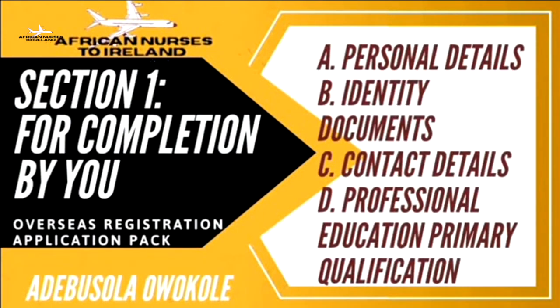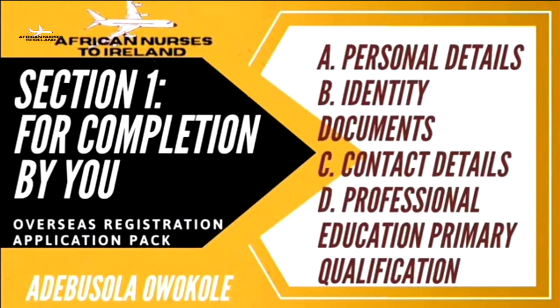And the B part of it is the identity documents that you need to provide to NMBI. Note that you can't send your passport with the forms. You can't send off your passport, so you need to take your passport to a court and get a commissioner for oath to sign and give you a certified photocopy.